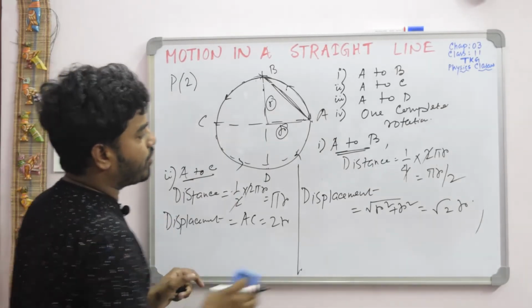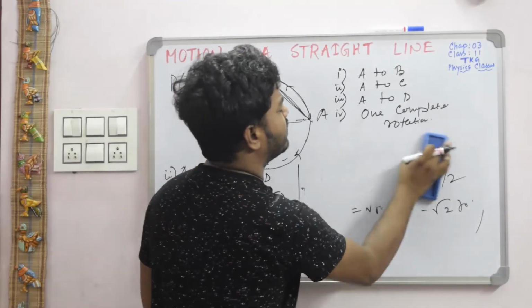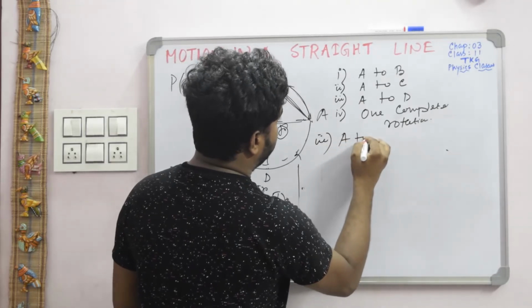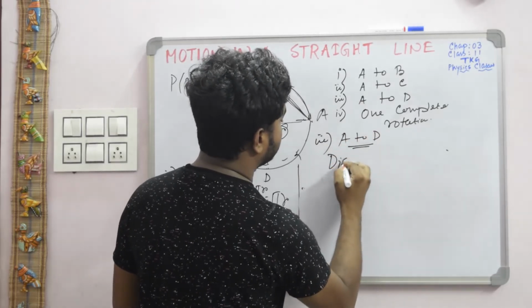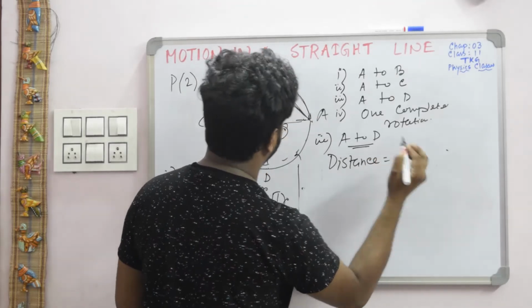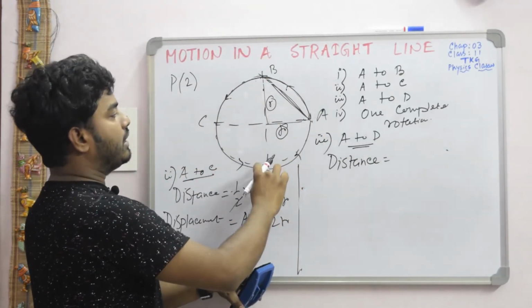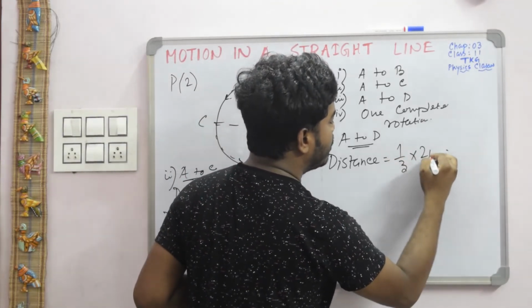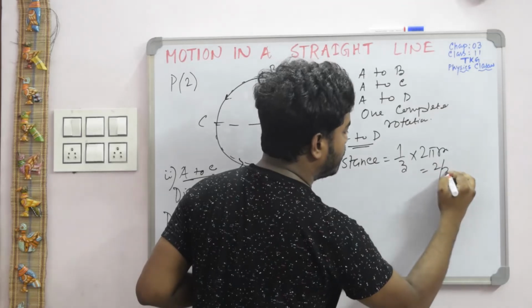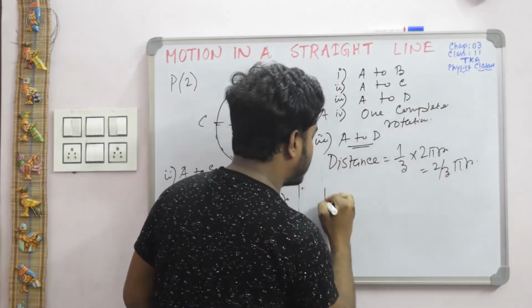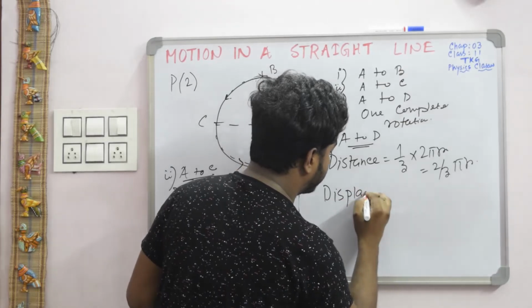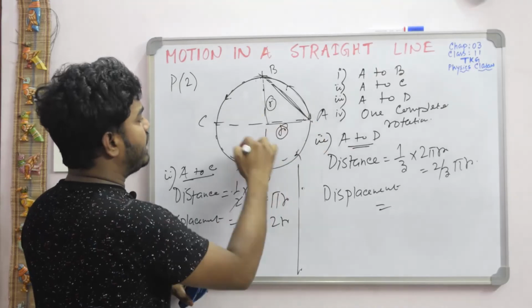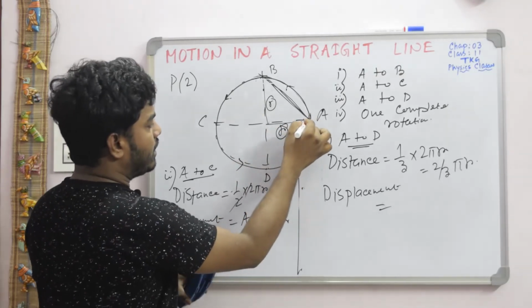Now third case, that is A to D. The distance for A to D is 3/4 into 2 pi r, and the displacement is also the shortest path A to D. So A is the initial point, D the final point, that is AD.